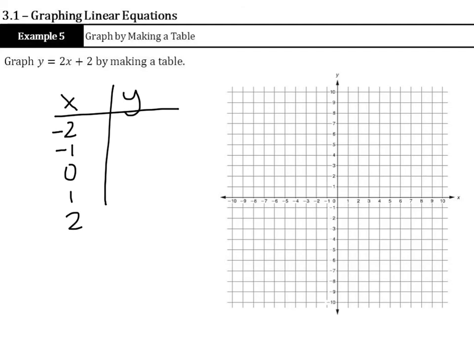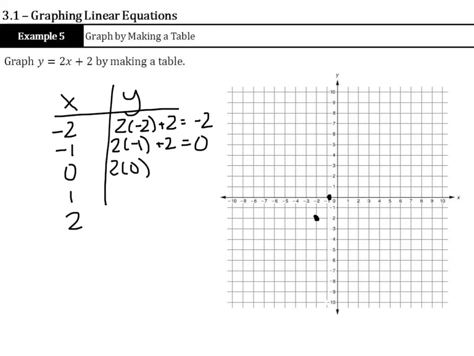Then when you plug this back into the equation, put in -2 for x. 2 times -2 is -4, plus 2 is -2, so we're going to be graphed at -2, -2. 2 times -1 is -2, plus 2 is 0, so this is going to be -1, 0.